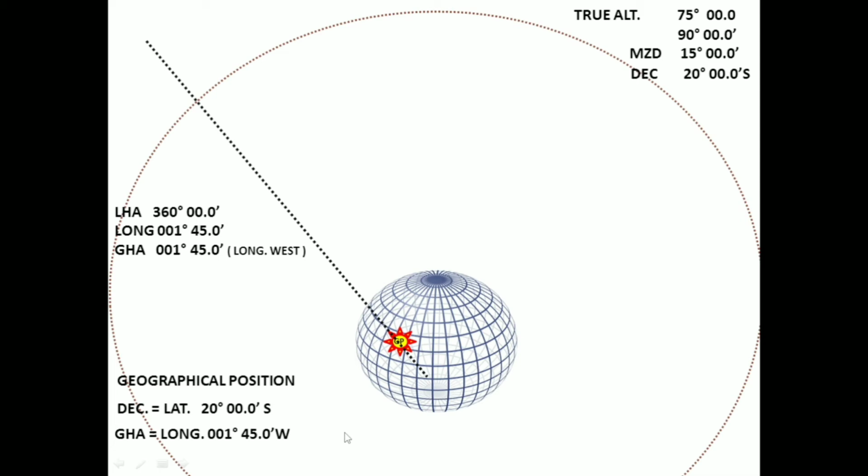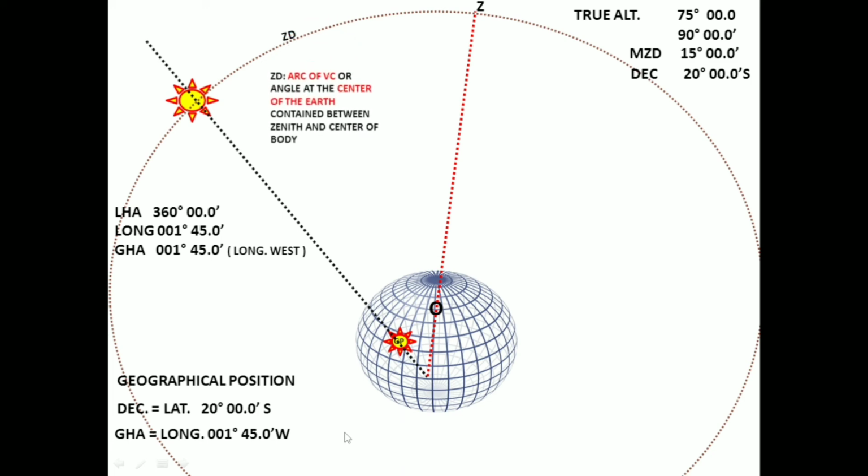Now you can go ahead. Basically, everything we are doing now is on the surface of the Earth. Let's have the observer here. The point right overhead is called the zenith, and the zenith distance is the arc of the vertical circle, or the angle at the center of the Earth, contained between the zenith and the body.